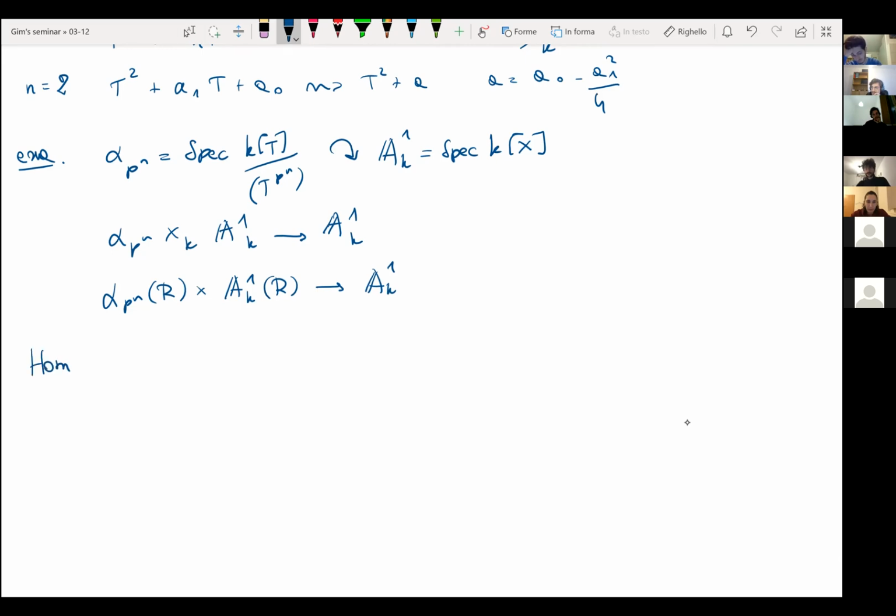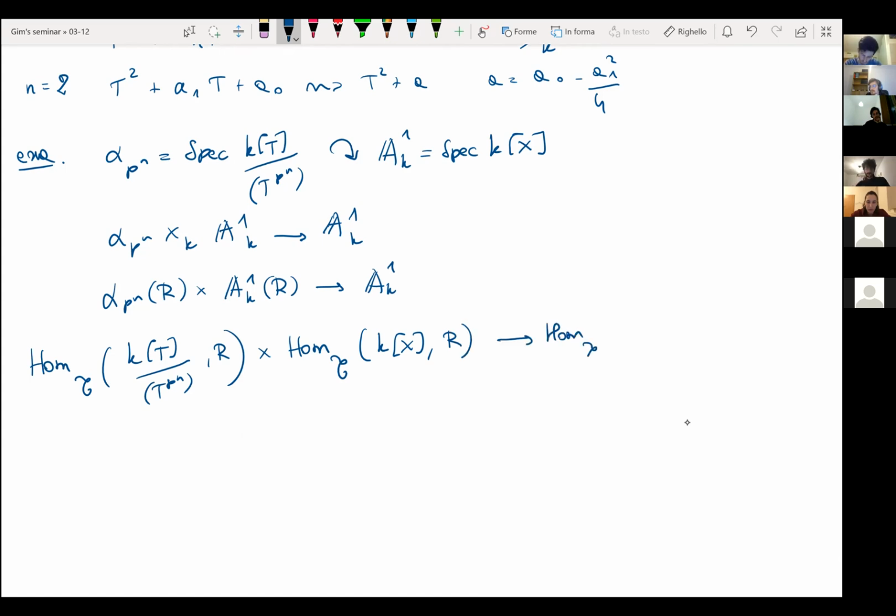The first object is the group of morphisms from K[t]/(t^(p^n)) to R, acting on the set of morphisms from K[x] to R. And the easiest example of such an action is the one that associates to a couple of morphisms (φ, ψ) the morphism γ, which sends x to ψ(x) times φ(t). Okay, so this was just to give you an example.